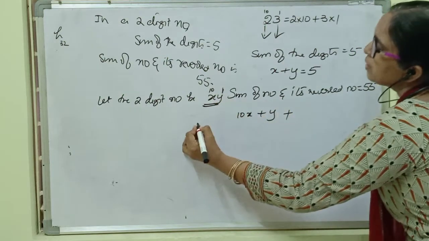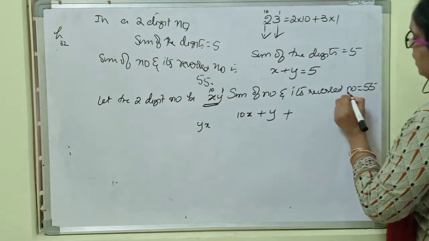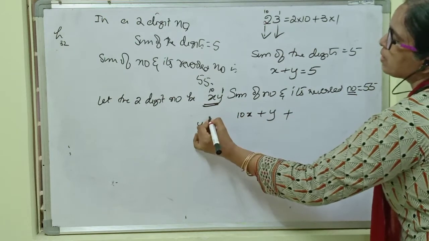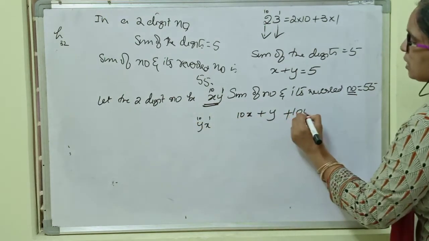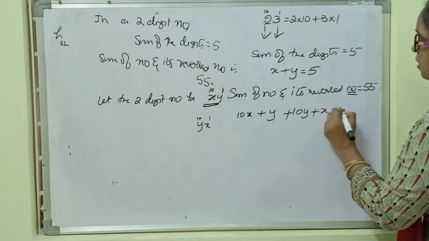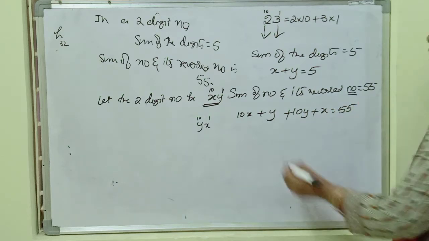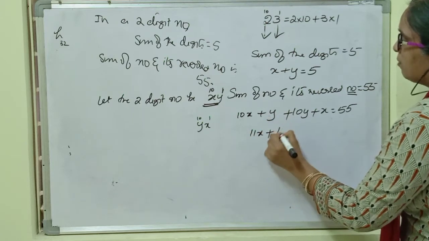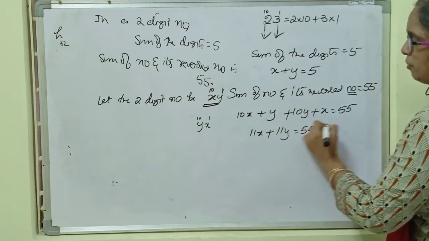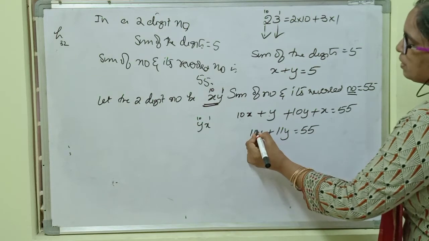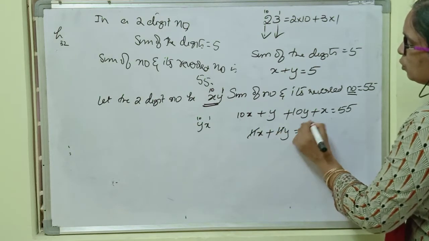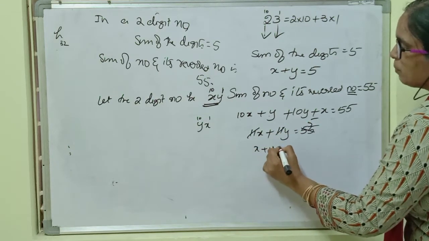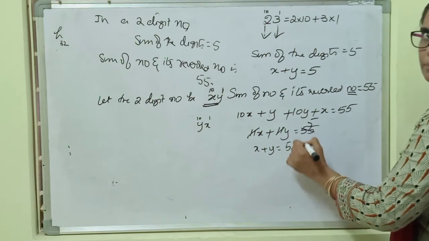Reversed number means yx. Here also we are talking about the number, so once again multiply with place values: 10y plus x is equal to how much? 55. So 10x plus x, that is 11x plus 11y, is equal to 55. As you can see, we can simplify this again. 11 cancels throughout the equation. So it is x plus y is equal to 5.